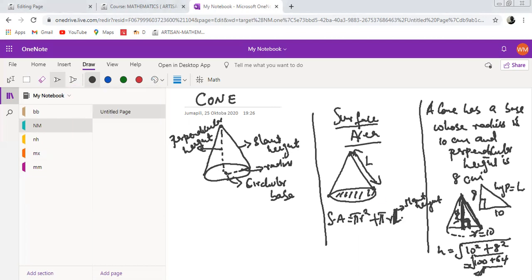And that will be your slant height, so it is going to be a figure that you can get.